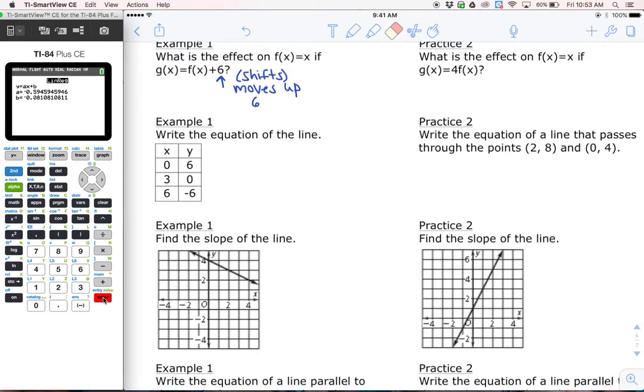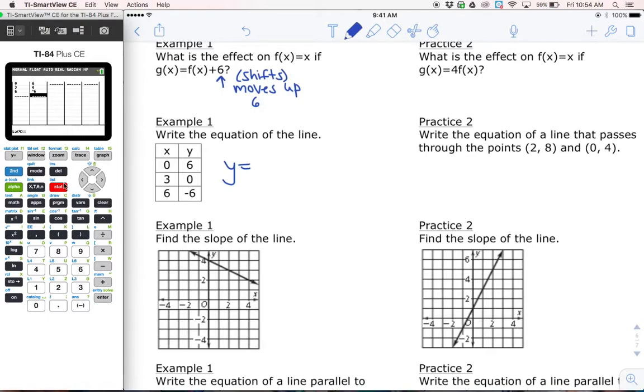All right, next one, write the equation of a line. You could totally find the equation by hand, but I'm going to use stat edit because it's quick and easy and I know I'll get it right. All right, here we go. Do the next one, clear it out. So we got 0 and 3 and 6 for my x's. And for my y's, I've got 6 and 0 and negative 6.